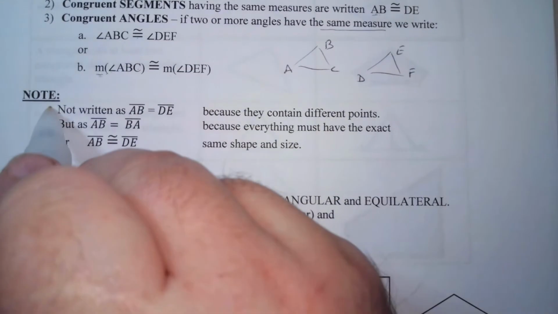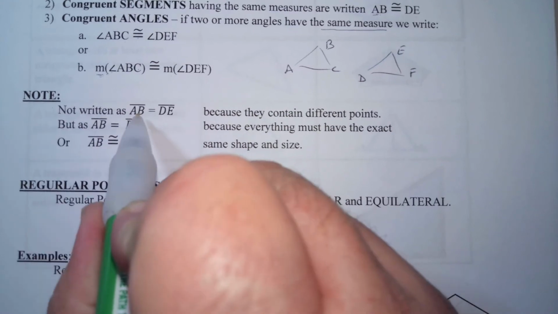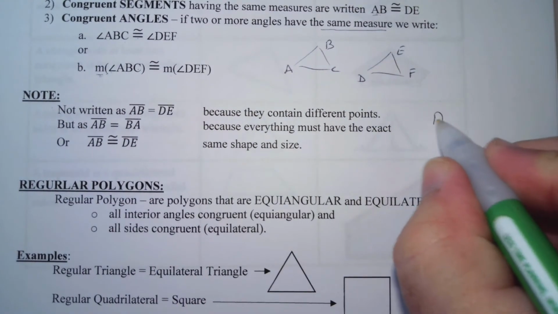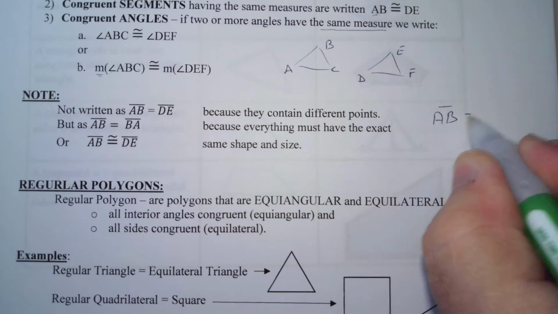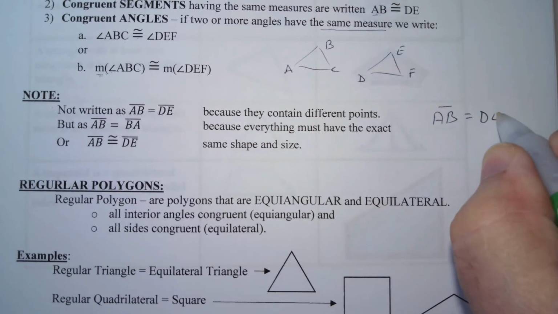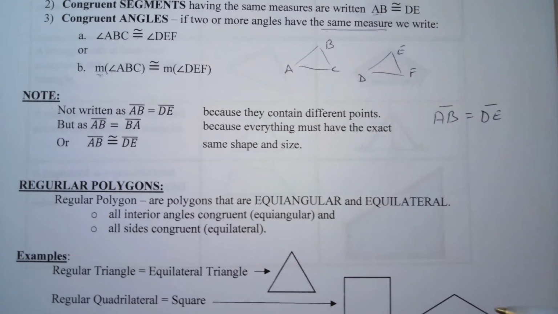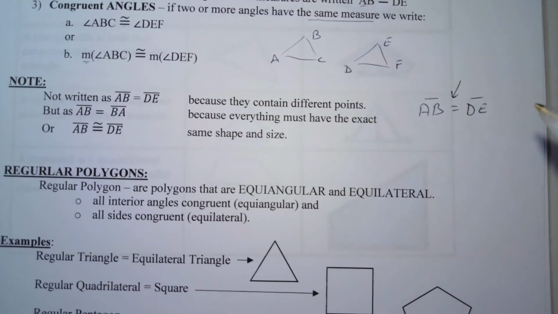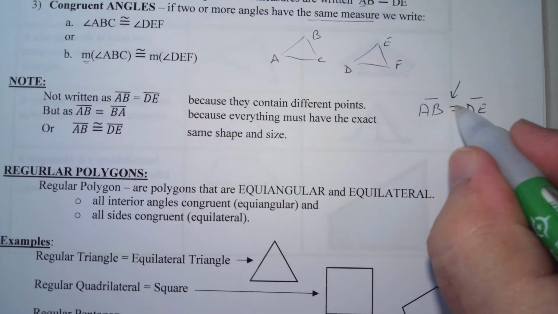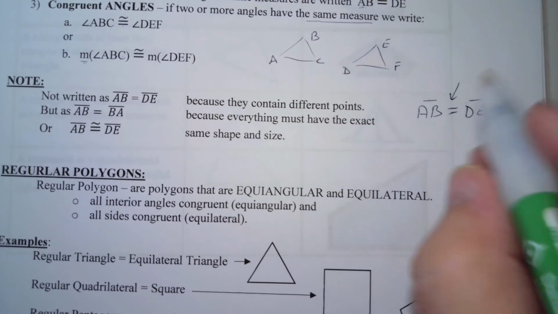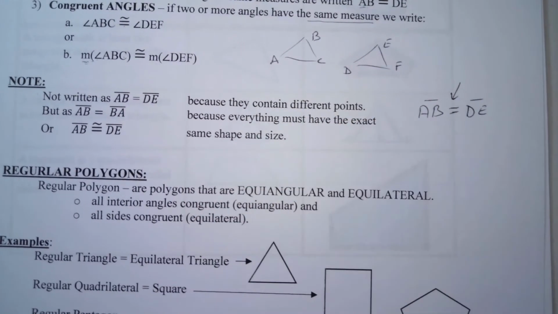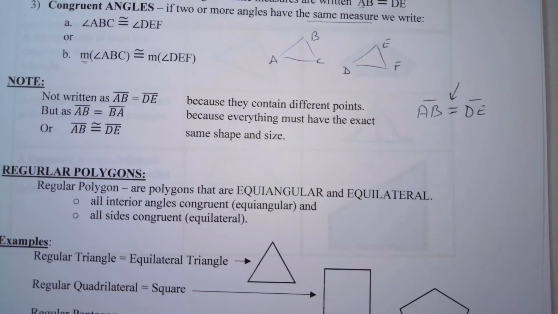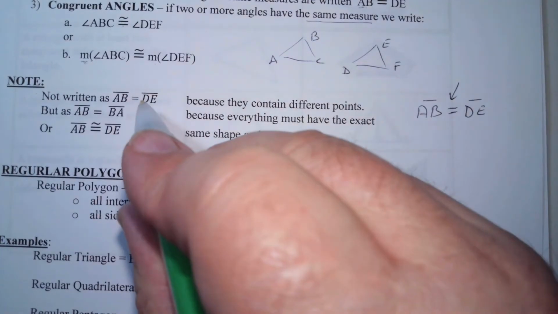Now, note, you can't write them as line segment AB is equal to line segment DE, because this symbol here means that they're equal. Everything about them is equal. Well, they can't be equal because they have different points. So that you cannot put.